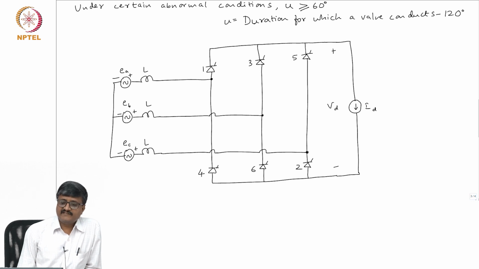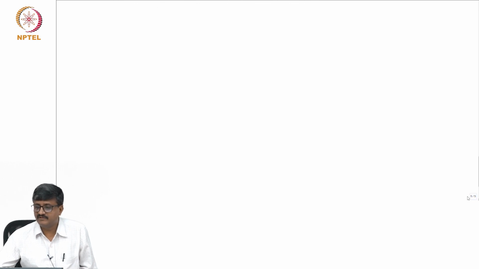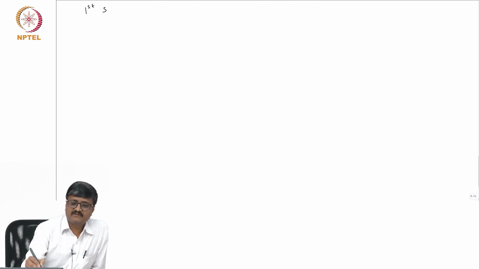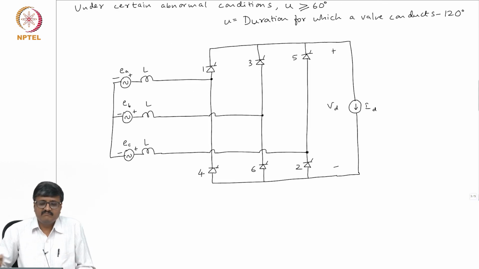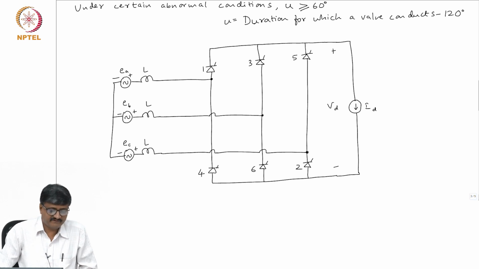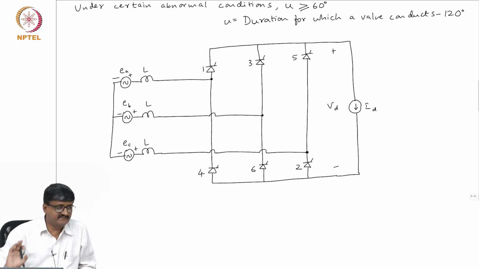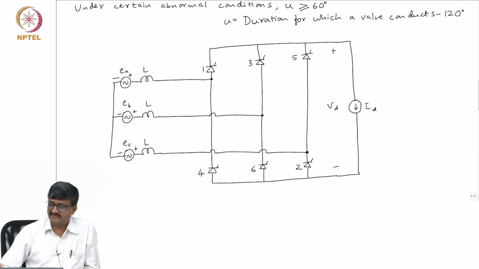Now, if I take the first subinterval, will there be a non-zero current in the three sources EA, EB, EC? Or if I want to ask first, it is very easy to say that there is always a current on the DC side, ID is flowing, ID is non-zero.